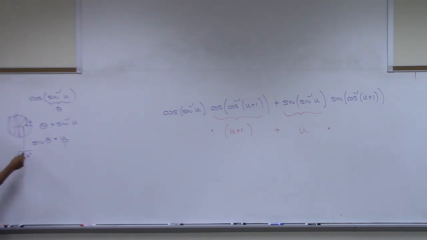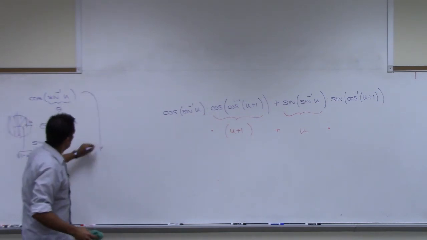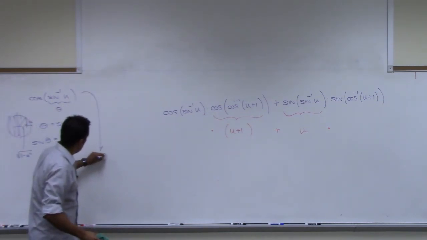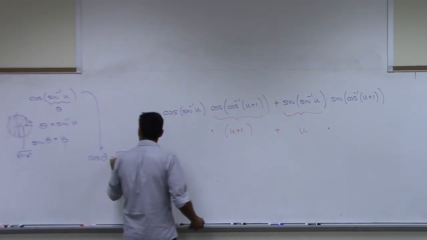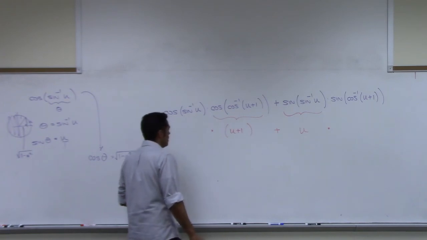So cosine is going to be the adjacent over this, because we want cosine. This right here is cosine theta, but according to my triangle, it's this over 1, which is just the square root of 1 minus u squared. So that goes here.